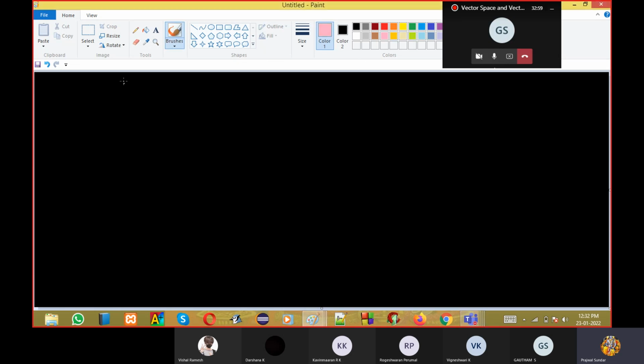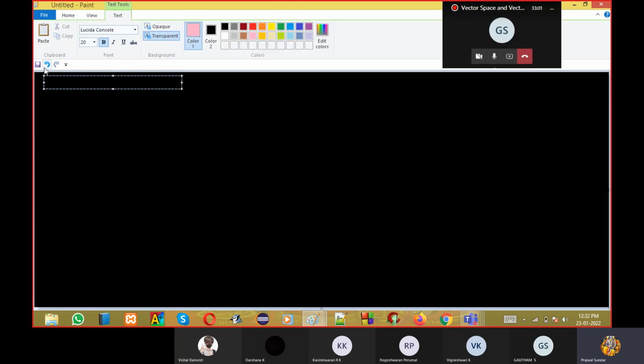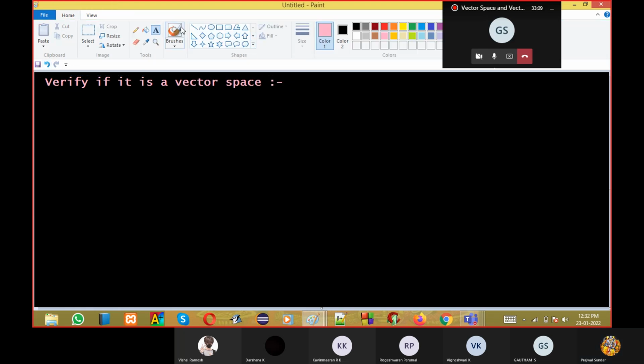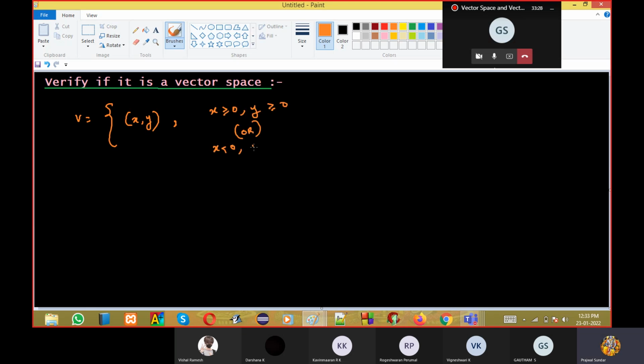So I'll give you this question for vector space. Verify if it is a vector space. I'm giving V as (x comma y), with x greater than or equal to 0, y greater than or equal to 0, or x less than 0, y less than 0.